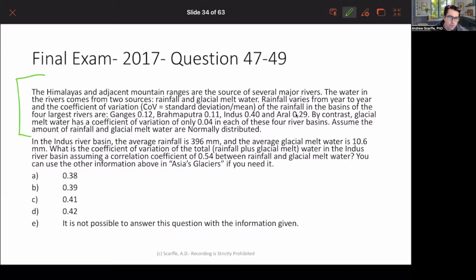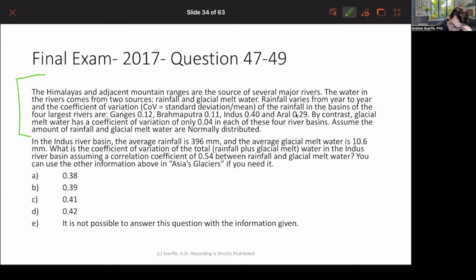What is the coefficient of variation of the total rainfall plus glacial meltwater in the Indus River Basin, assuming a correlation coefficient of 0.54 between rainfall and glacial meltwater? You can use the other information in Asia's glaciers if you need it.